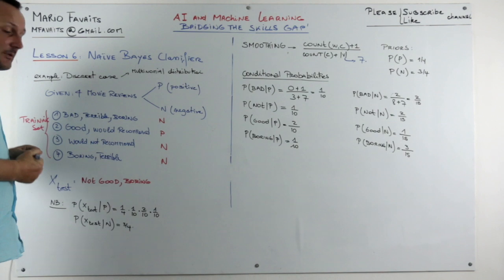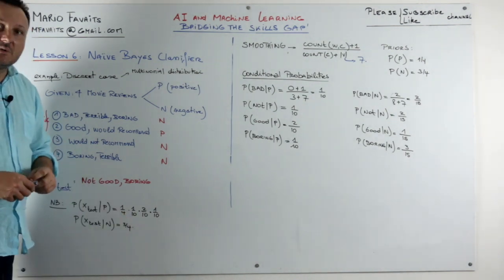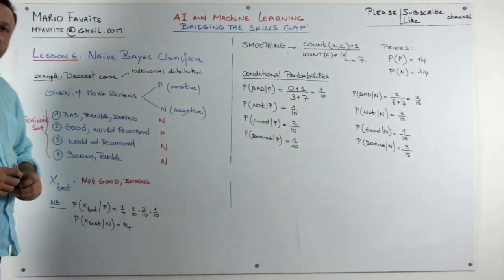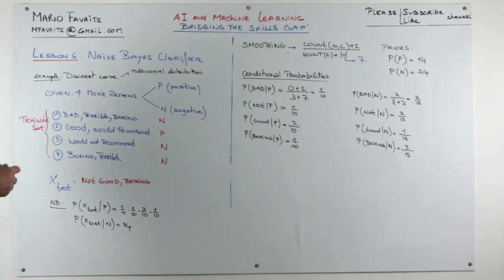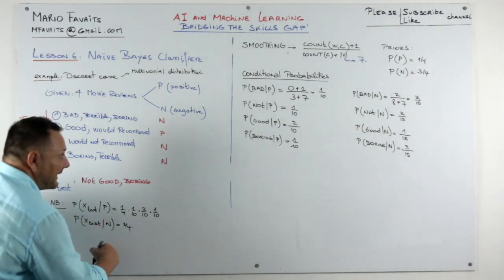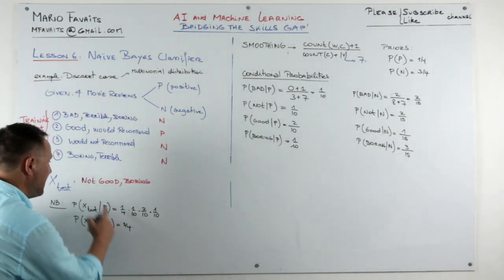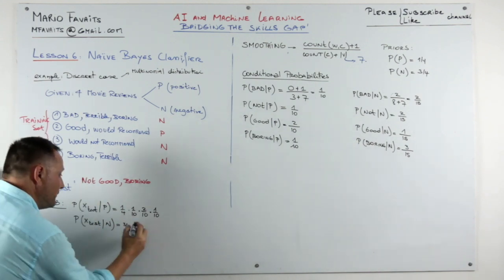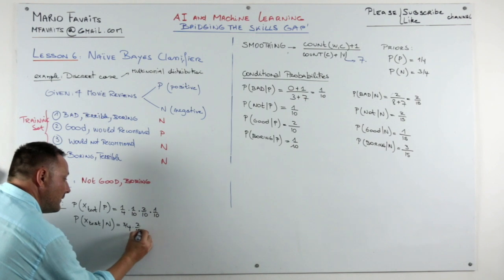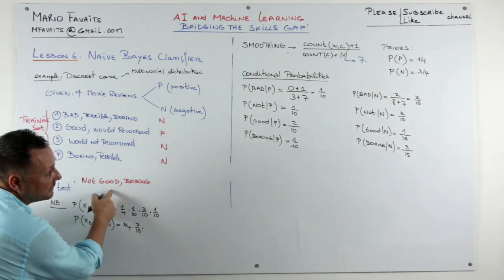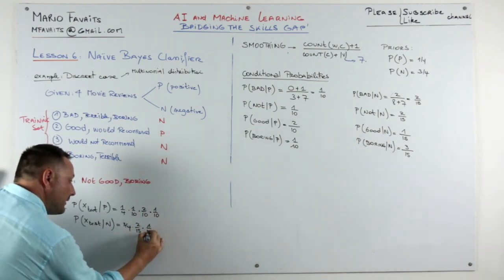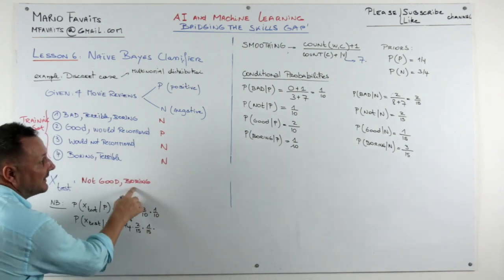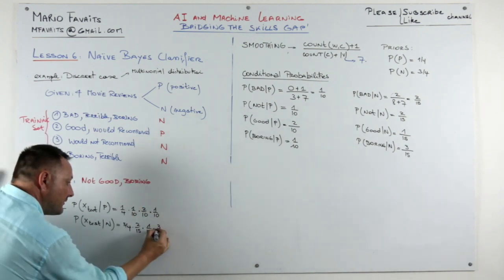That's why we need smoothing here, otherwise this would be 0 if one of these is 0. And then on the negative, we have the probability of not for negative is 2 out of 15, times the probability of good negative is 1 out of 15, times the probability of boring is 3 out of 15.